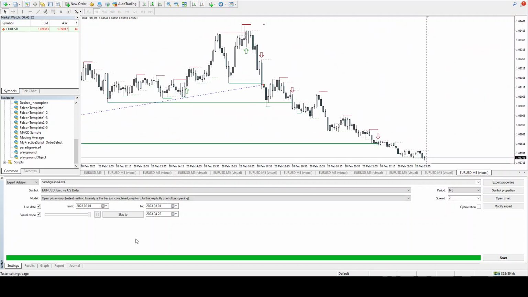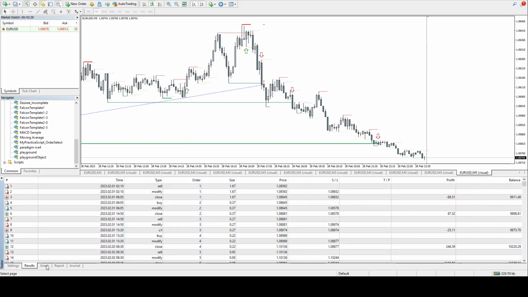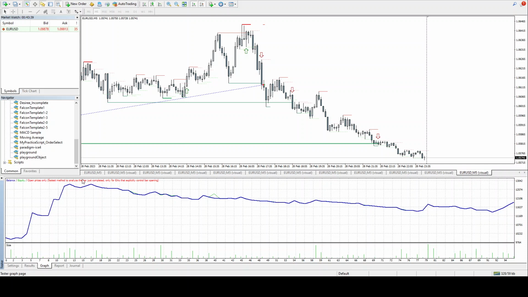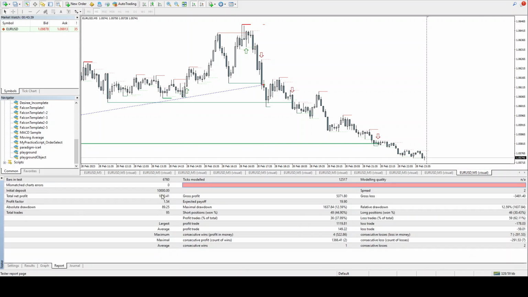So these are the trades. This is the equity curve for February. Okay, so we had this run up and then sideways, sideways, and then this run up. So let's go to the report.